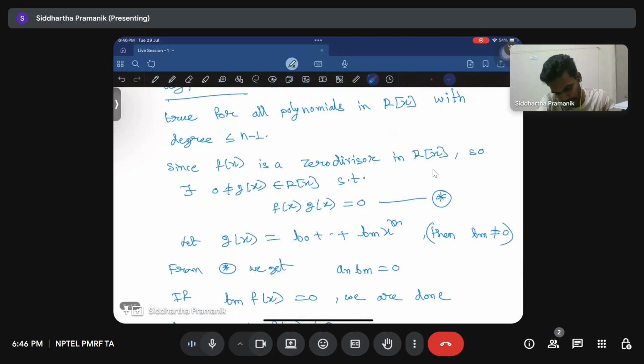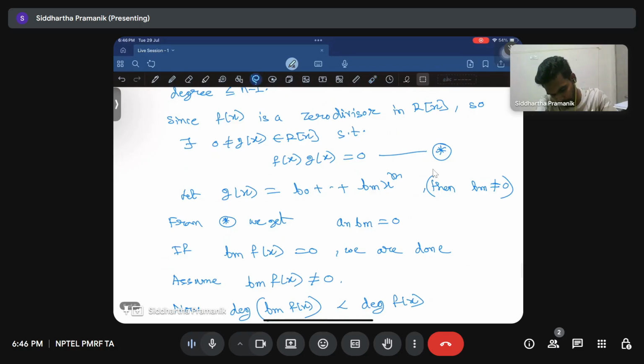Since f(x) is a zero divisor, we will get a non-zero polynomial which annihilates f, right? So we need to assume here something more.